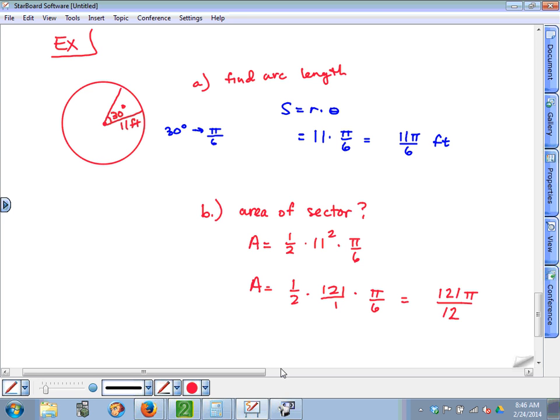Now, what's the unit of measure? It's feet squared because it's an area. You measure area in square feet or square miles or square inches or whatever the unit of measure. Okay, that's arc length and sector area.